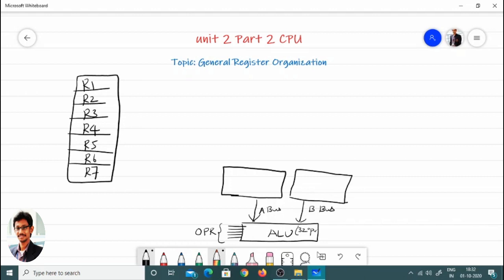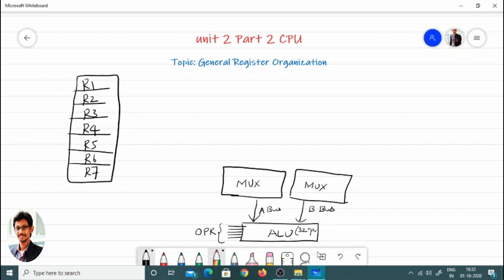This is the MUX, the multiplexer. Why have I taken the MUX? Because it is only possible to put one register onto the bus.